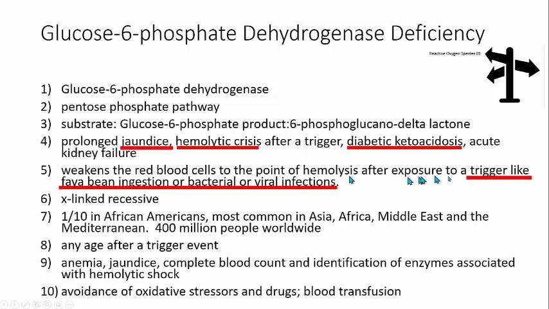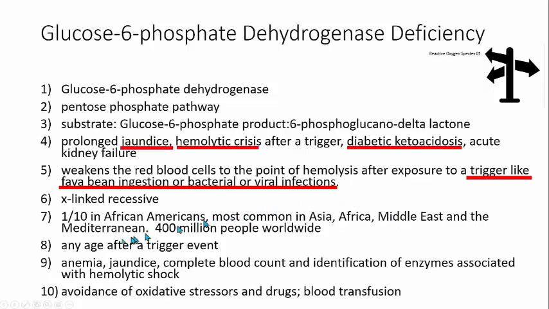A common way to get that reactive oxygen species trigger is by eating fava beans, or after a bacterial infection or a viral infection, or taking certain kinds of medications. This disease is also extremely common in African Americans, and it is most common in people from Asia, Africa, or the Middle East and the Mediterranean.